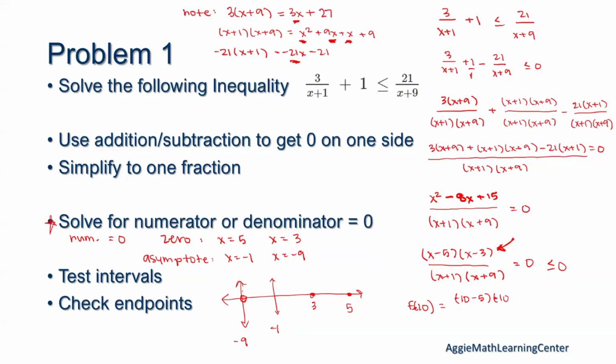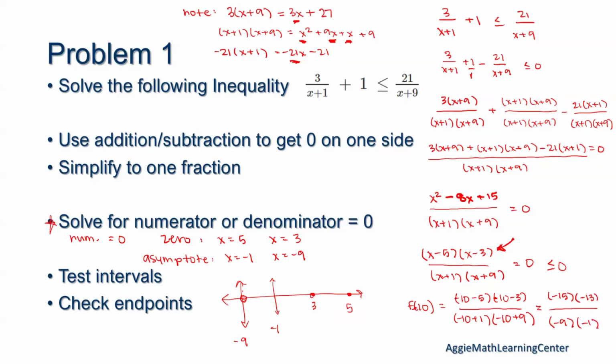So we got negative 10 minus 5 and negative 10 minus 3 over negative 10 plus 1 times negative 10 plus 9. Okay. Negative 10 minus 5 is negative 15. Negative 10 minus 3 is negative 13. Negative 10 plus 1, negative 9. Negative 10 plus 9 is negative 1.